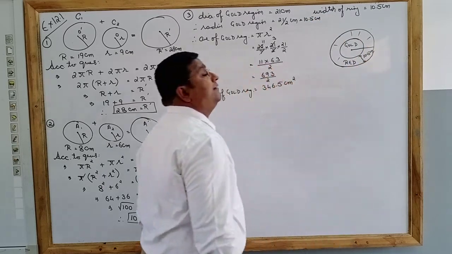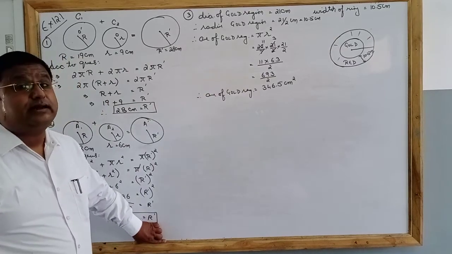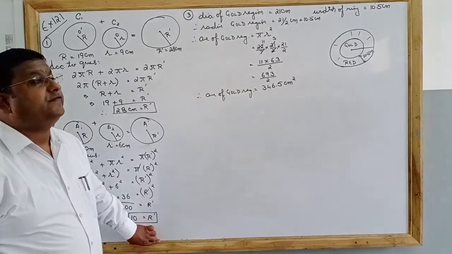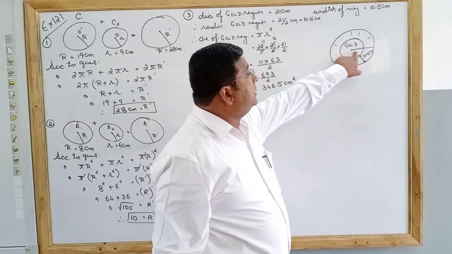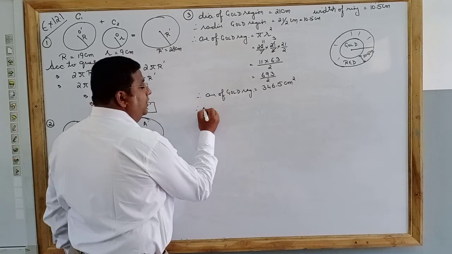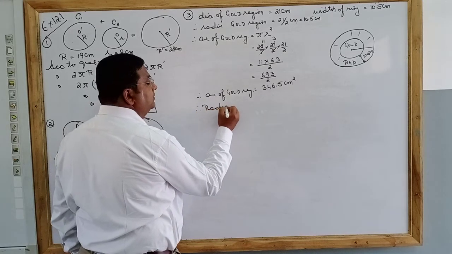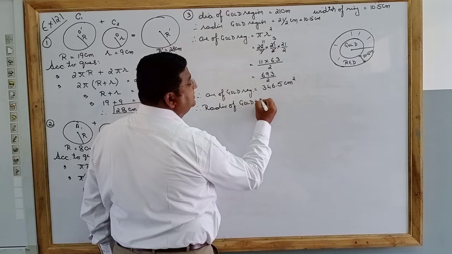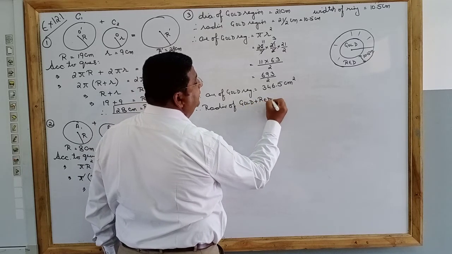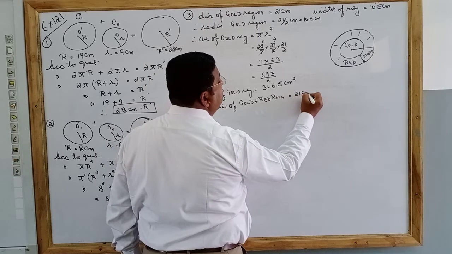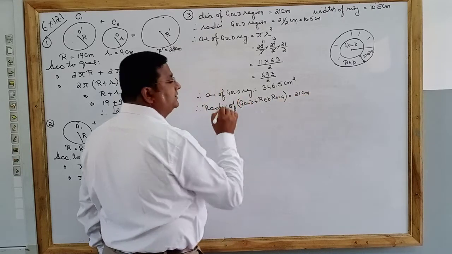So the radius of the bigger circle will be 21 centimeter, that is the radius of the gold circle plus the width of the ring. So therefore radius of gold plus red ring is equals to 21 centimeter. I hope it is clear.